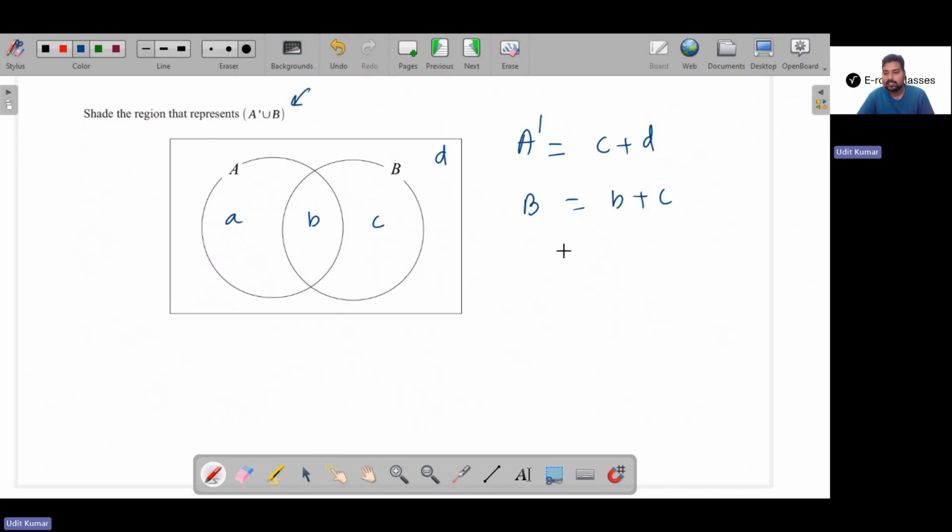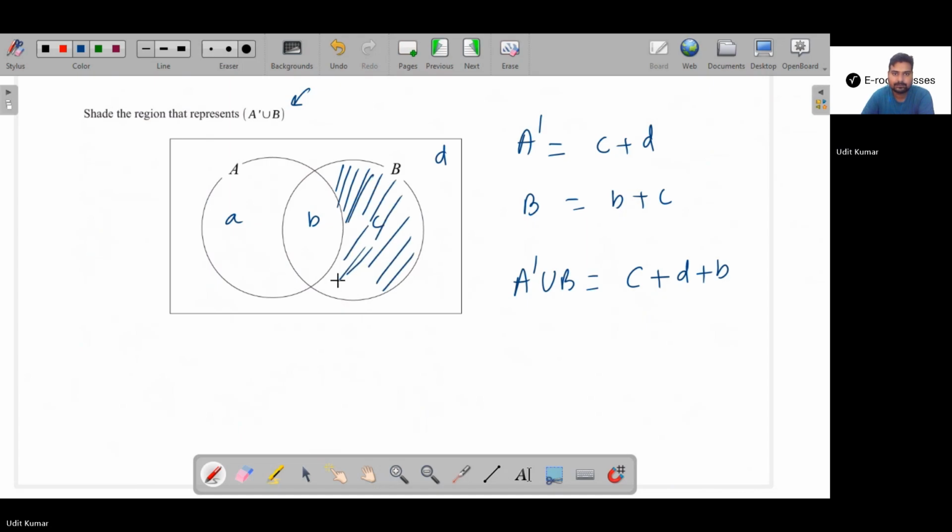Union means you have to add all the elements. So if you do A complement union B, you will get C plus D plus B. Because this C is repeating twice, you will only add it once. Okay. So you have to shade the C portion. You have to shade the D portion.